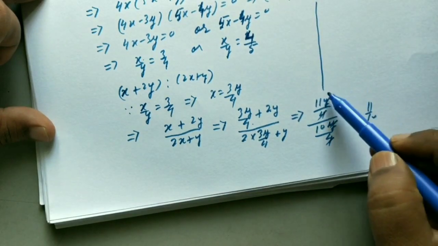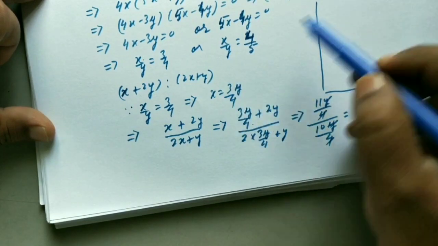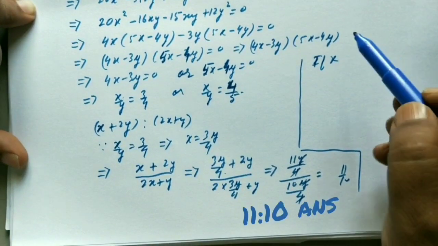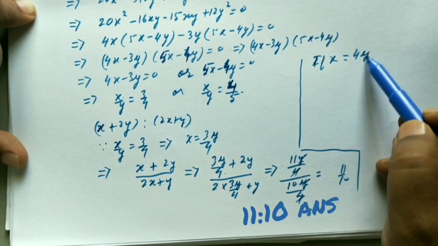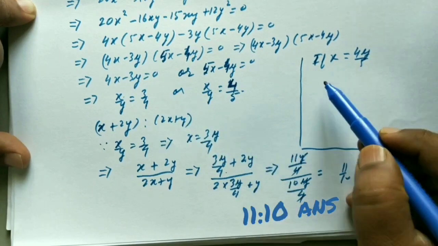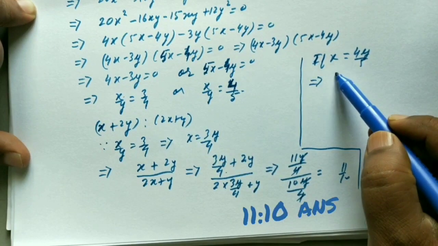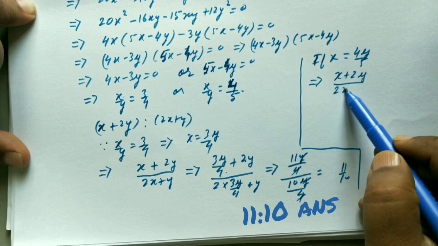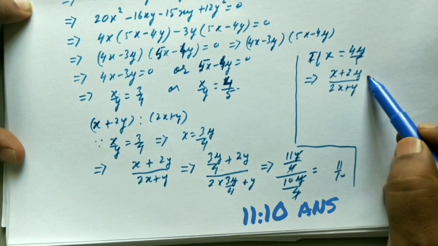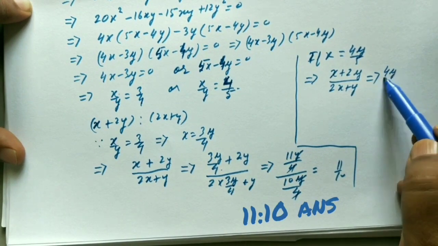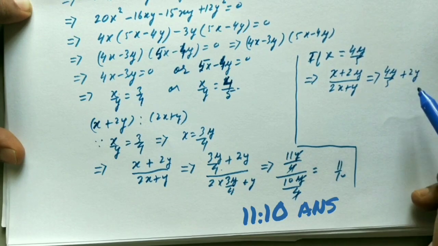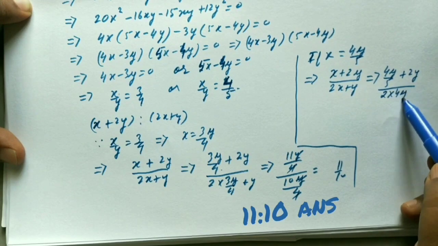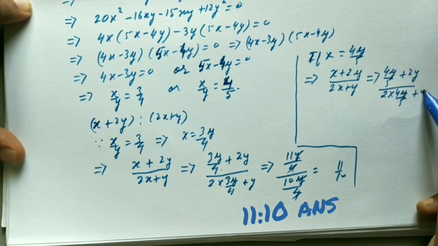Now I have to take the second one. If x is equal to 4y by 5, then same way you have to solve. (x plus 2y) by (2x plus y) will be equal to (4y by 5 plus 2y) divided by (2 into 4y by 5 plus y).